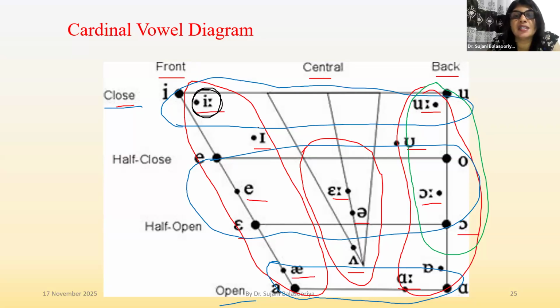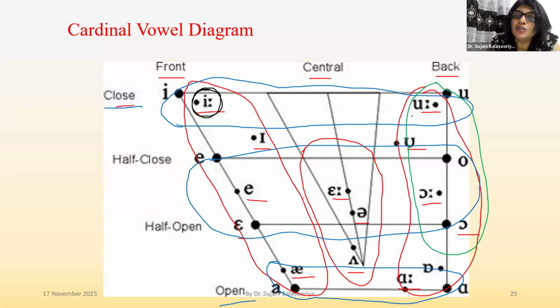Because the blue circle at the top includes the high vowels. So E is a high vowel also, and it's a close vowel because the corner represents close vowels as well, and a lips spread vowel. Okay, so that is about E.